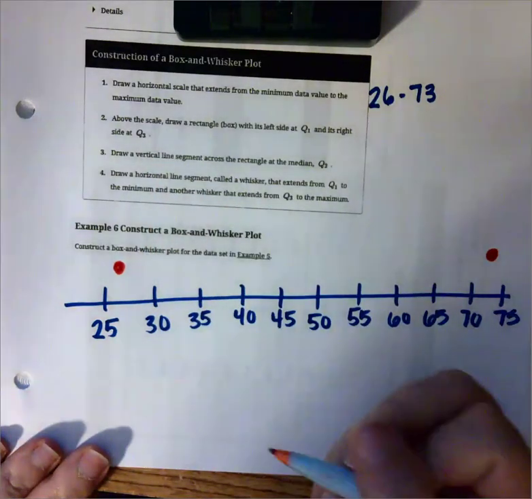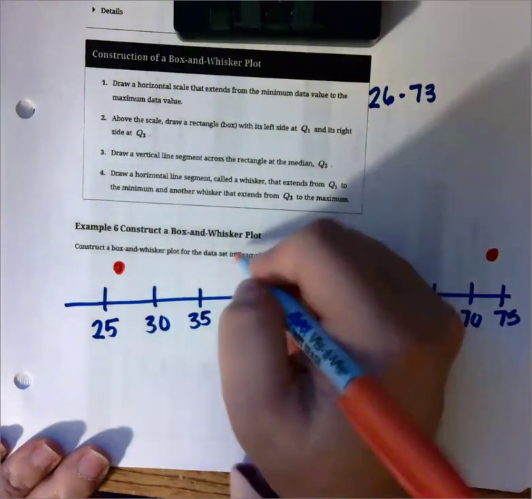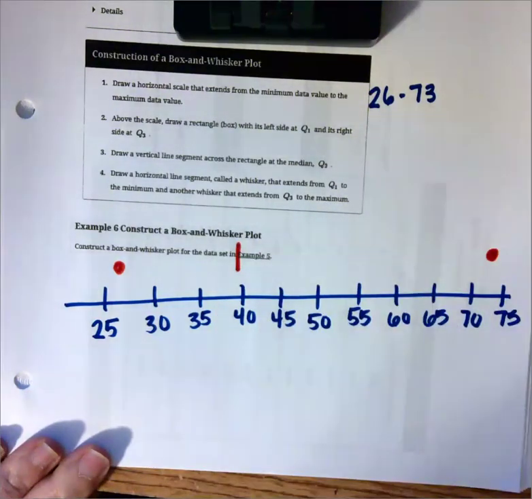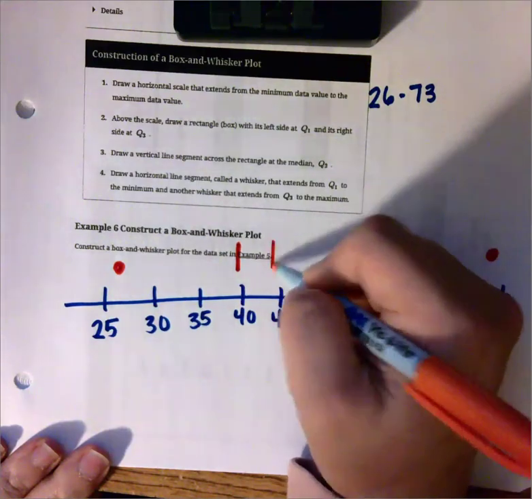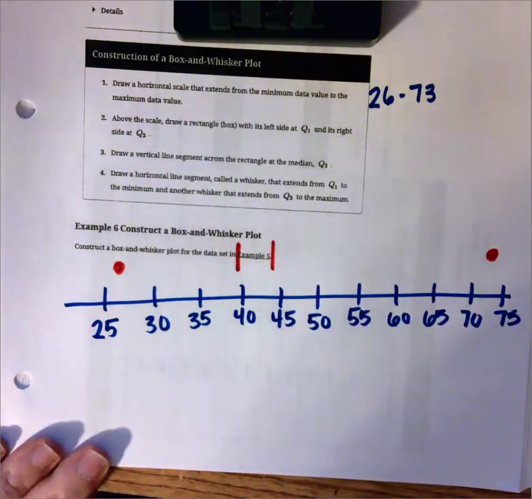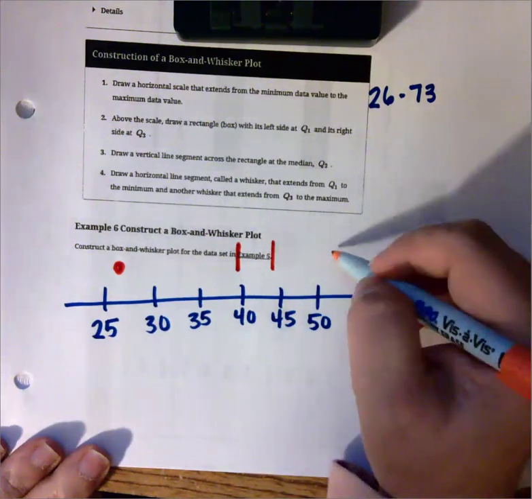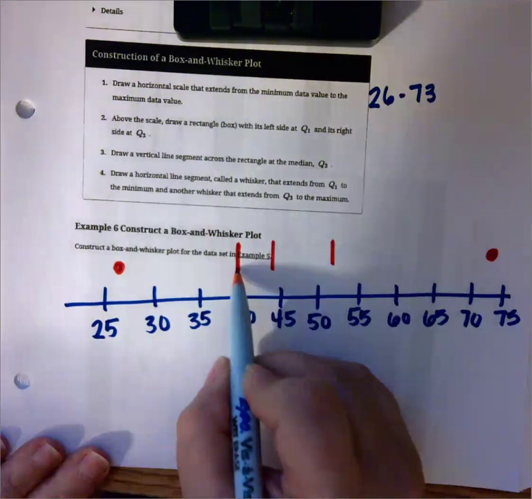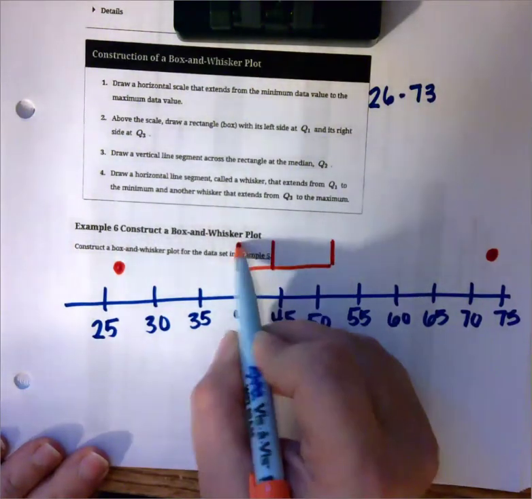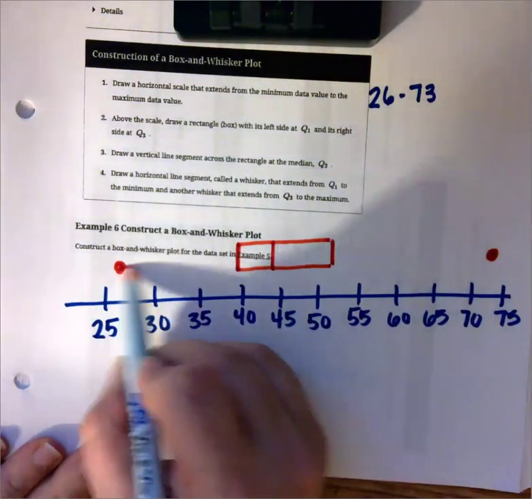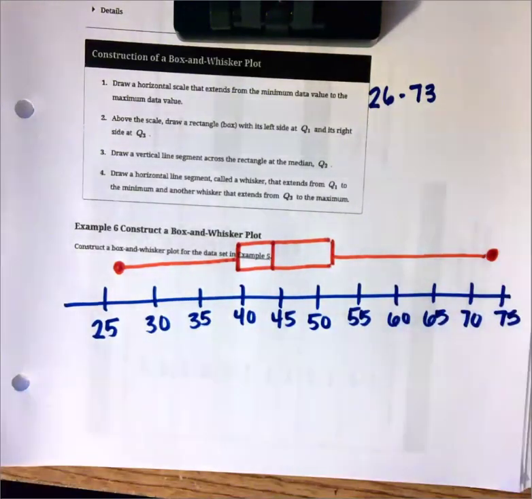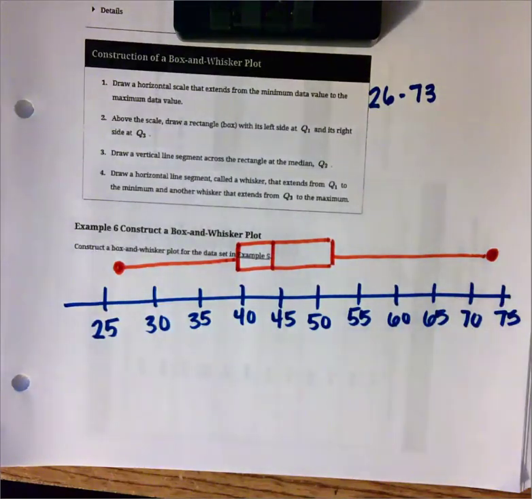Well, Q1 was 39. So there's a straight line. Q2 was 43. And Q3, 51.5. And these are a little bit of an estimate. So there's my box. And then I'm going to connect my whiskers. And that is why it's called a box and whisker plot.